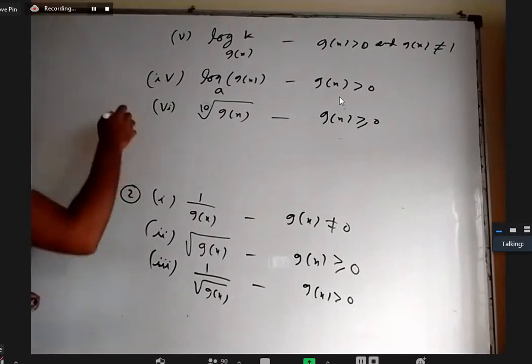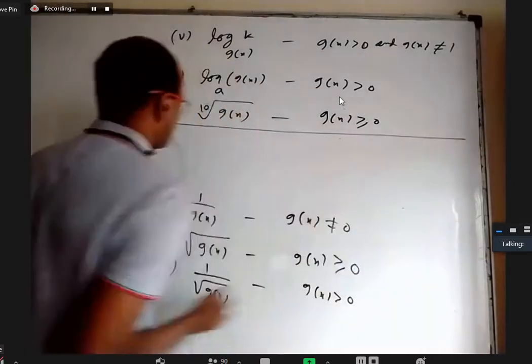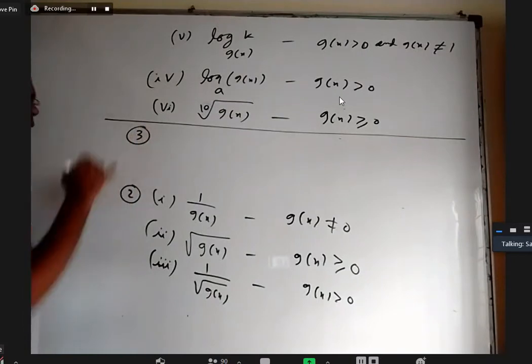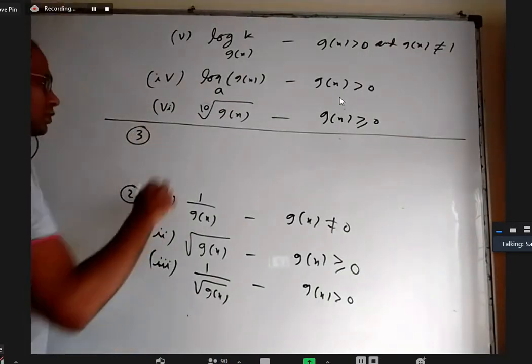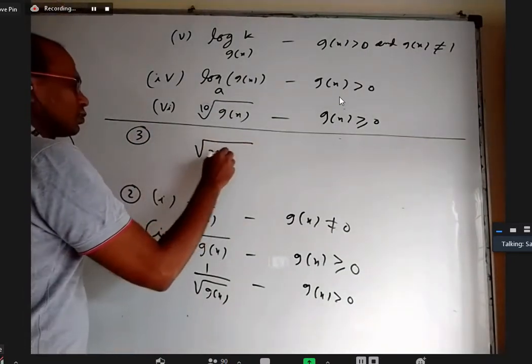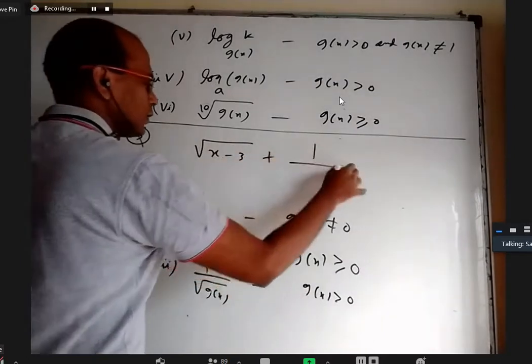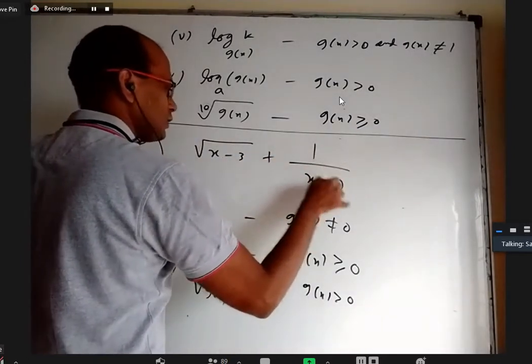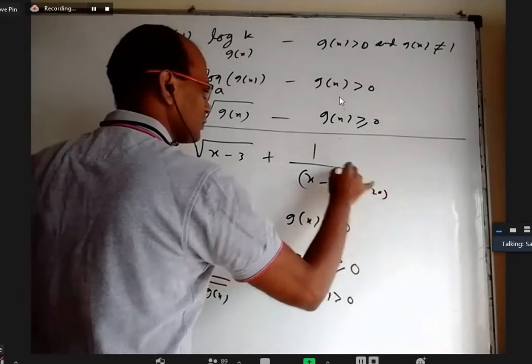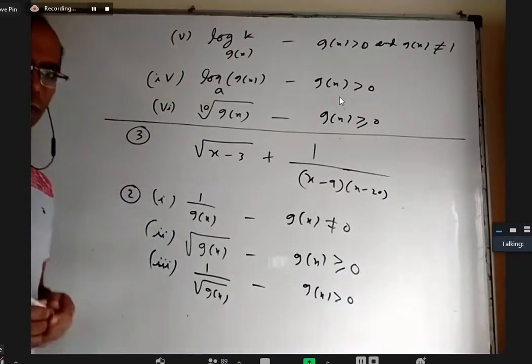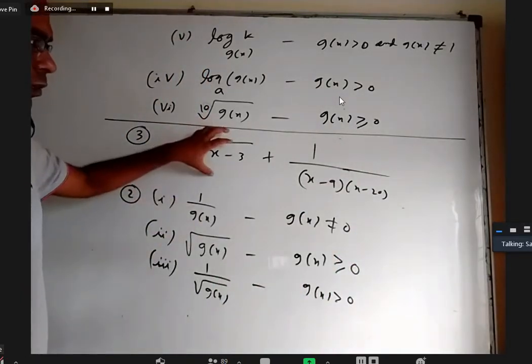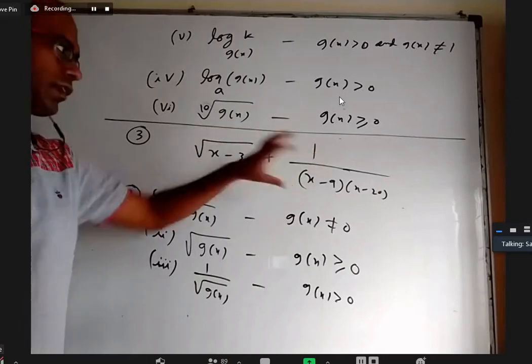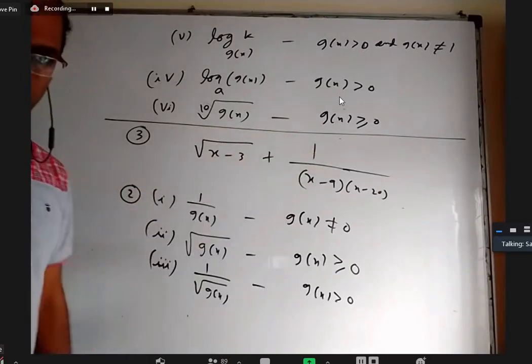Okay. Now, sometimes you will have questions like, let us say, root of x minus 3 plus 1 by x minus 9 into 1 by x minus 20, something like this. I'm sure this one domain alone we can find, this one alone we can find, but when I add, what to do?